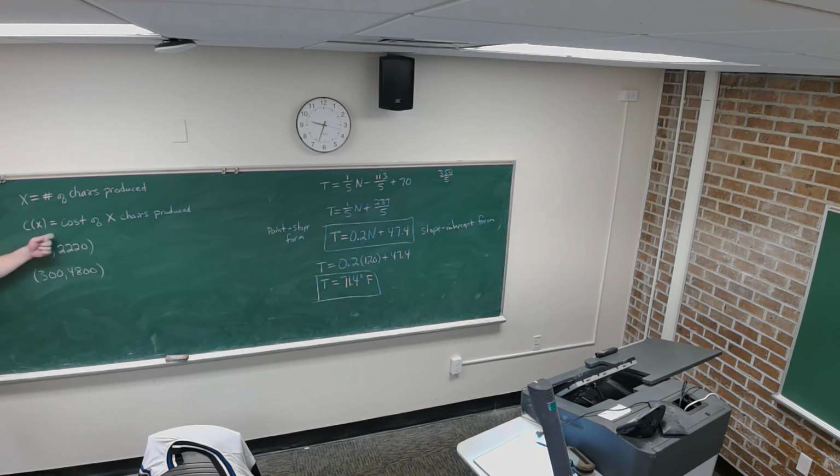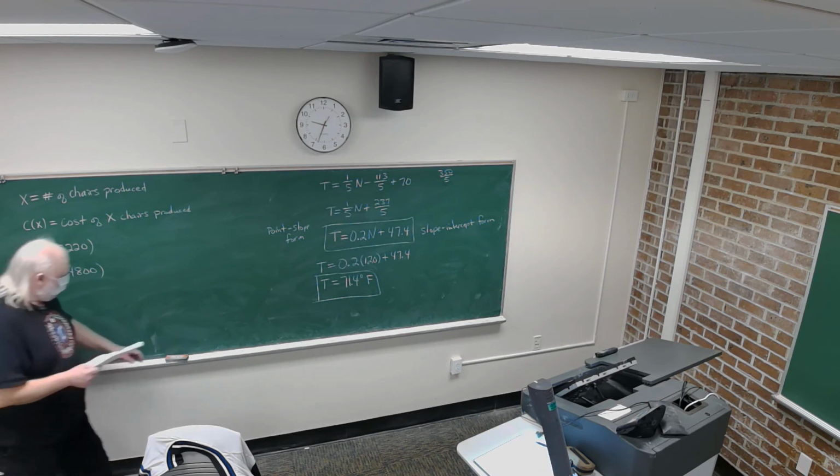And now to get our cost function as a function of x, the number of chairs produced, calculate the slope between these two points, the slope of the line that goes through these two points, and then write the equation, slope-intercept form or point-slope form. Okay.